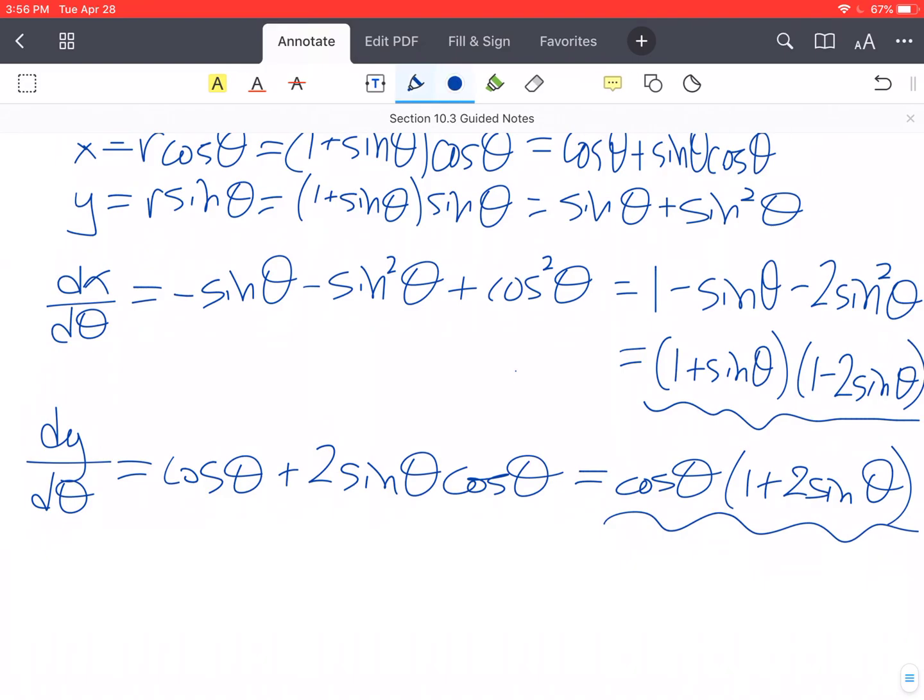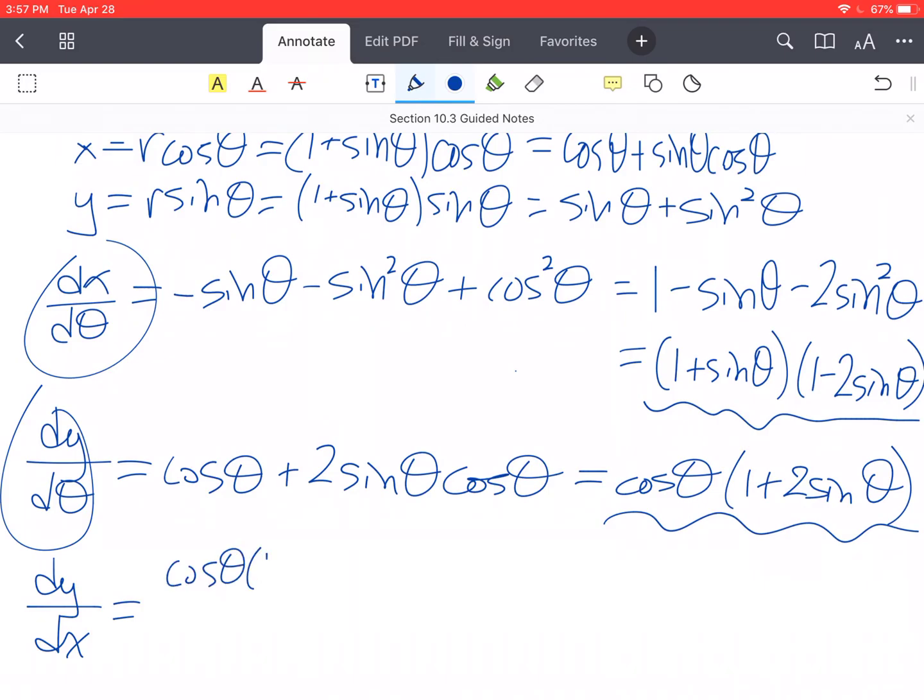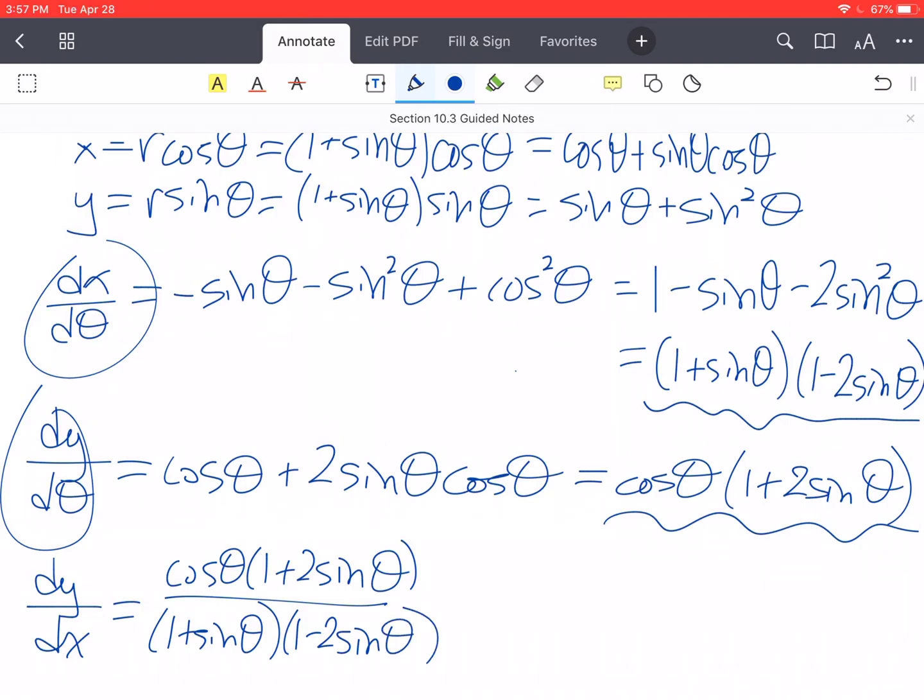So our general formula for the derivative, dy dx, is dy d theta over dx d theta. So that is cosine of theta times 1 plus 2 sine of theta over 1 plus sine of theta times 1 minus 2 sine of theta.